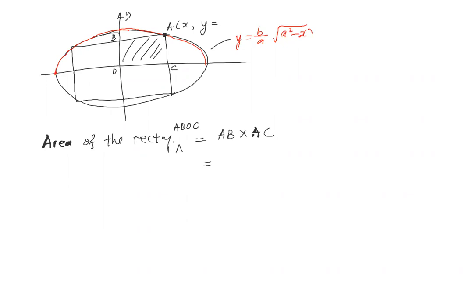Okay, I let you go round and round. OC times AC. I want the area to be in terms of x. So what is the length of OC? OC is x, correct? Then AC?